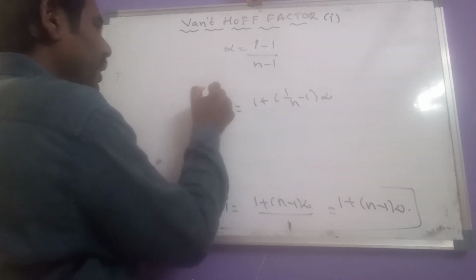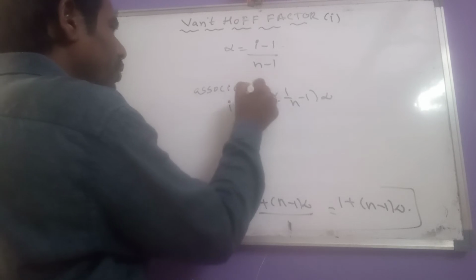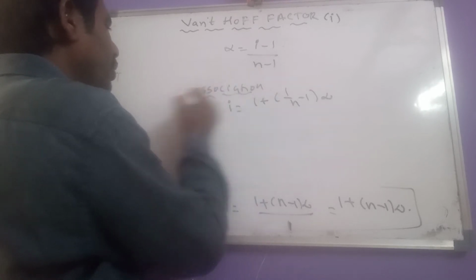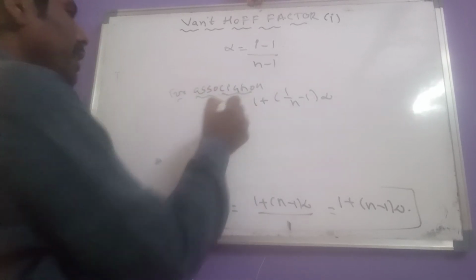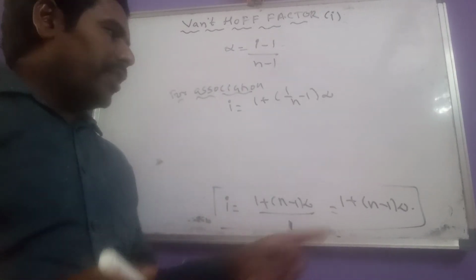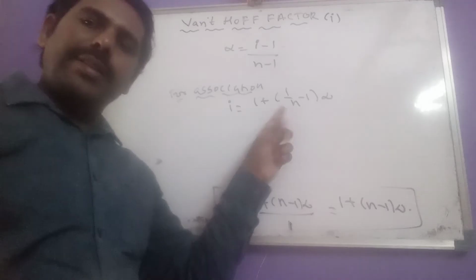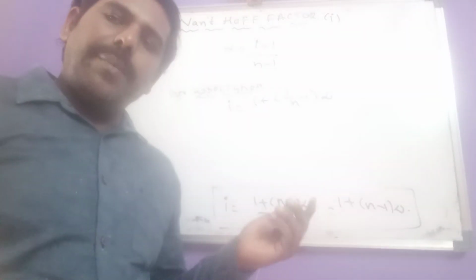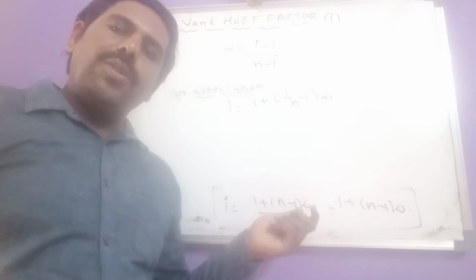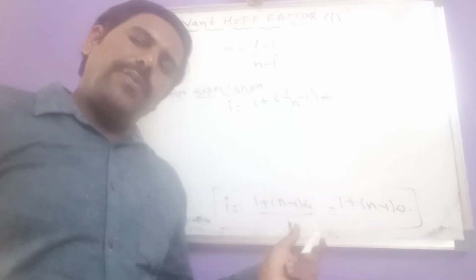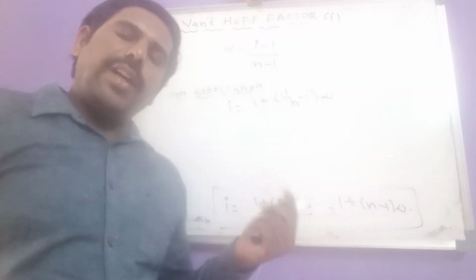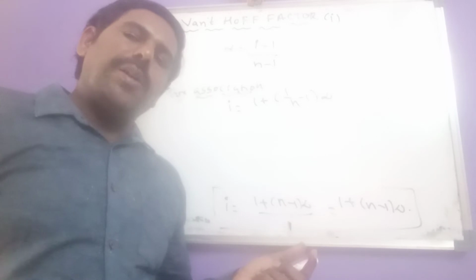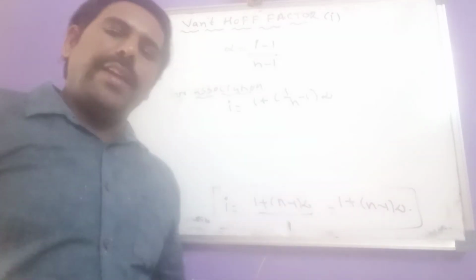This is the equation used to determine the I value for association. So instead of N, we have to consider 1 by N, a small change. Now let us go for some examples related to the Van't Hoff factor and calculation of colligative properties using the I value.